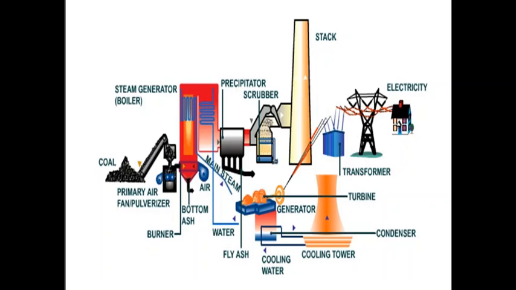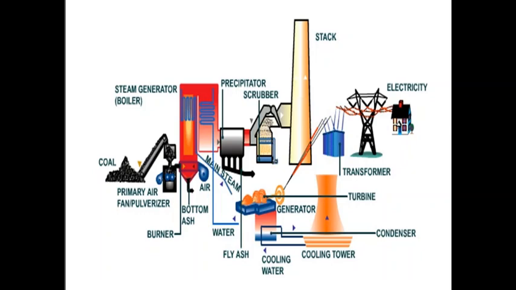One part is called bottom ash, which comes at the bottom of the furnace, and the other part flies with the product of combustion, called fly ash. It passes through different passes and gets arrested in a dust collecting mechanism, and this clean flue gas is exhausted through the induced draft fan via the chimney to the outside atmosphere.